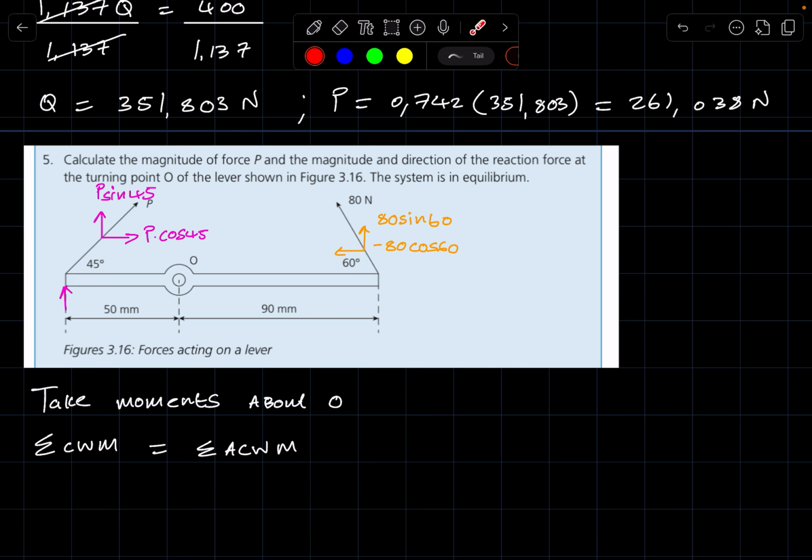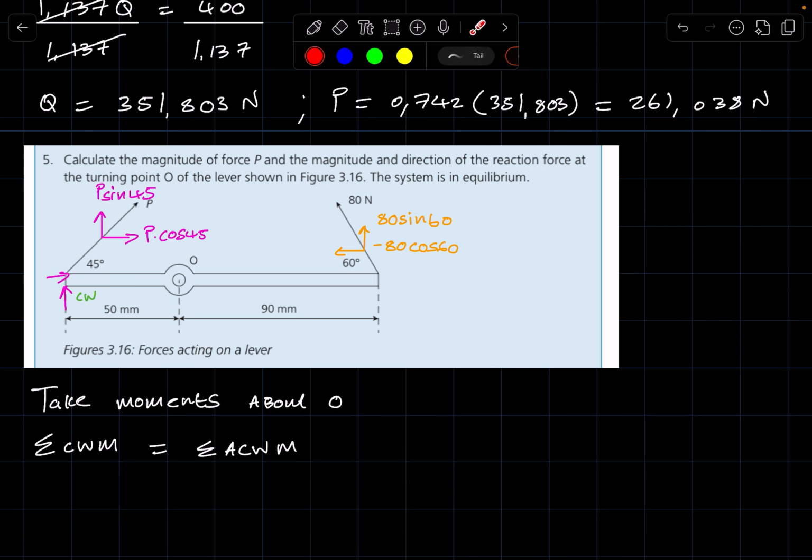Moments either have a clockwise or anti-clockwise turning effect, and this one would have a clockwise turning effect. And then if you look at the horizontal component, it is also acting at this point.